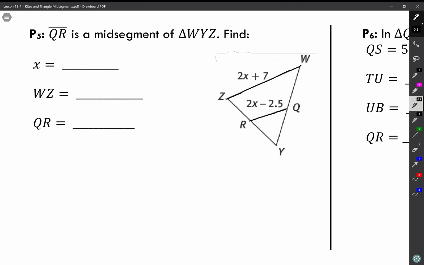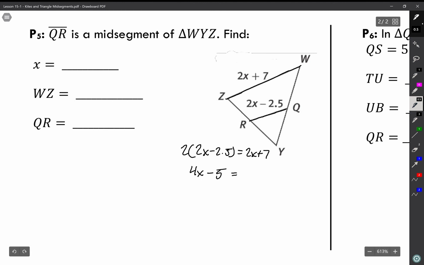Instead of saying 2x minus 2.5 is equal to half of whatever this is, how about we say 2 times this QR, which is 2x minus 2.5, is going to be equal to whatever WZ is, which is 2x plus 7. So let's solve our equation. Now we get 4x minus 5 equals 2x plus 7. So 2x is equal to 12. So x is equal to 6.